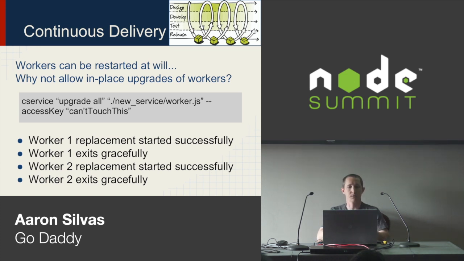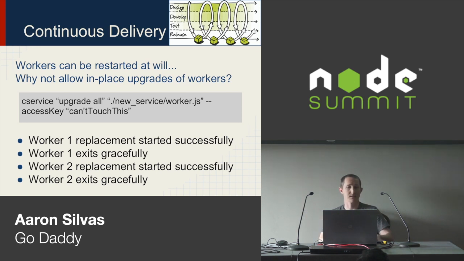Because of the way that cluster service separates out the process forking from the worker module loading, this allows us an interesting opportunity where we can leverage that same restart of a worker, but actually bring up new instances of modules in place of the old.